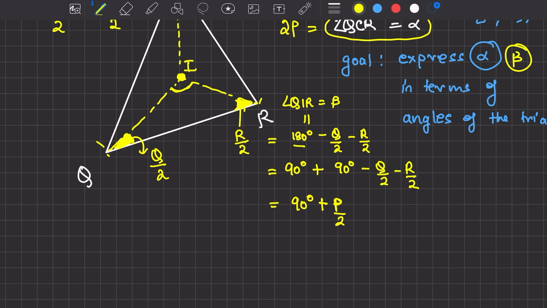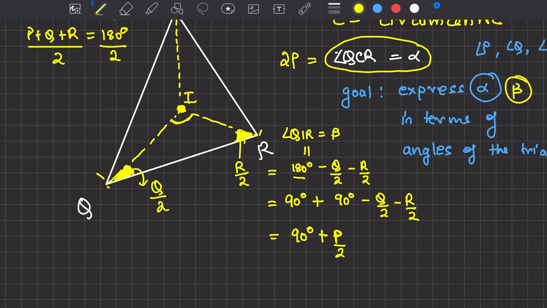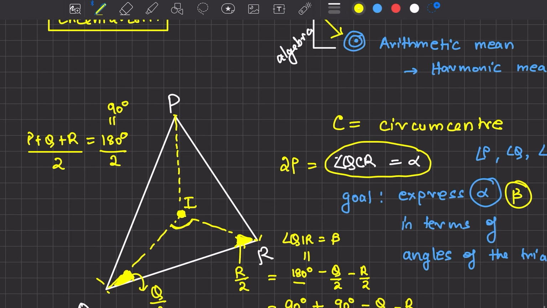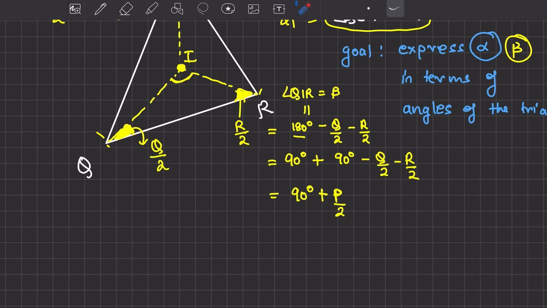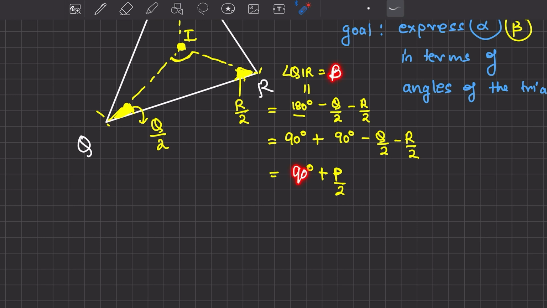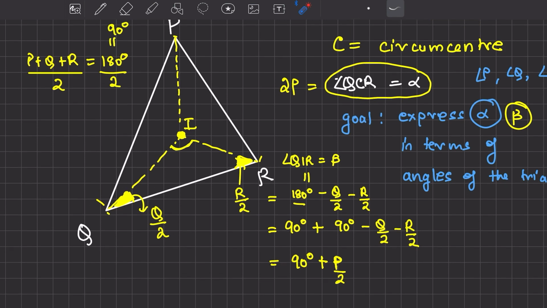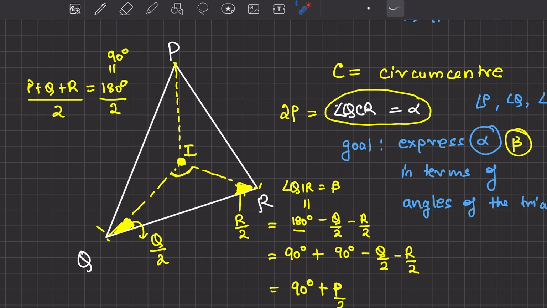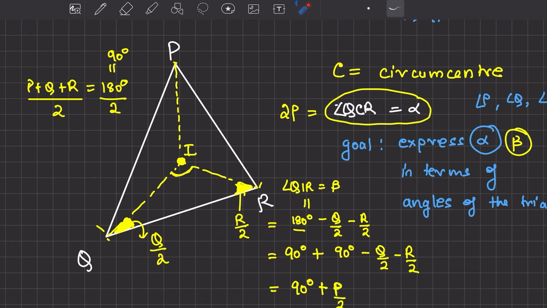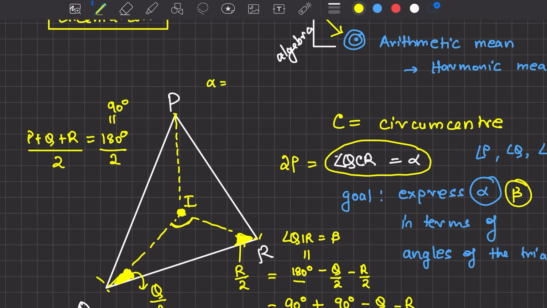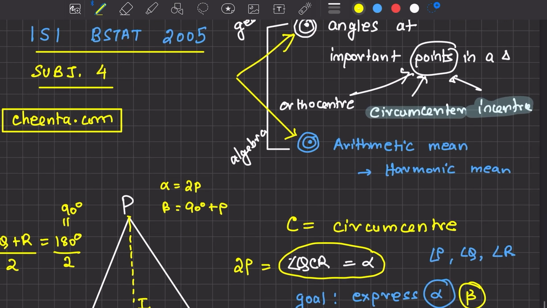Why I like this is because earlier we found alpha in terms of P. Now we found beta in terms of P. So one angle of the triangle. That's even better than expressing these in terms of all three angles of the triangle. So we have alpha equals 2P, beta equals 90 degree plus P by 2. Finally, we will have gamma, which is the orthocenter.